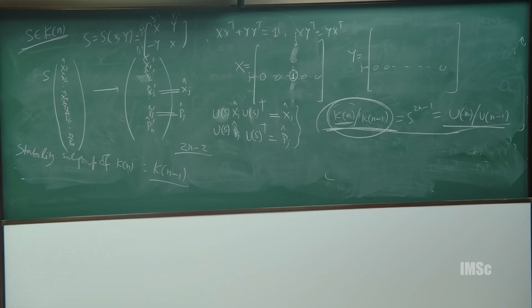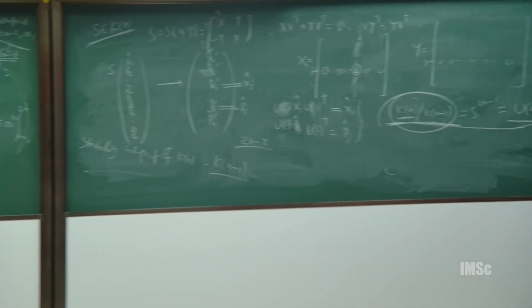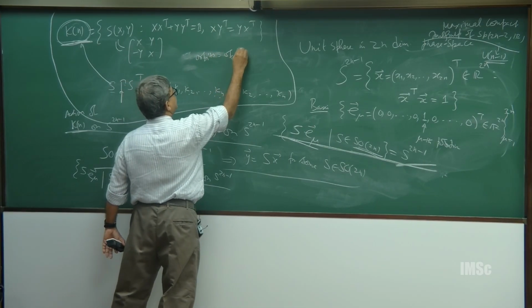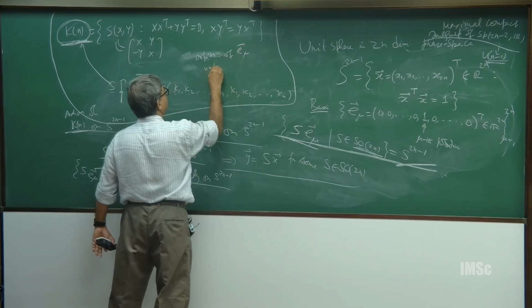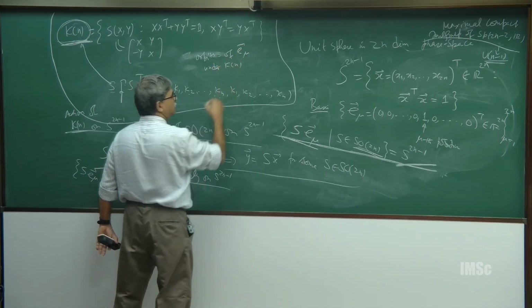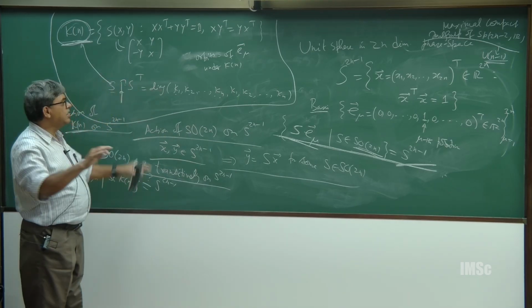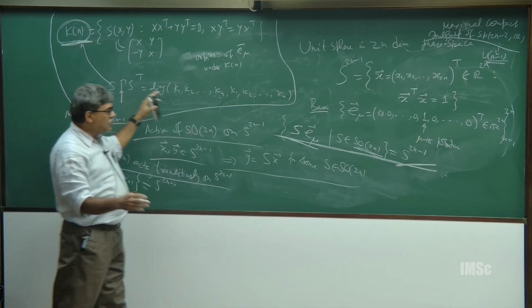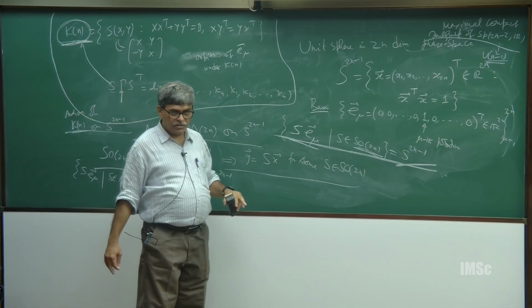Can I say that this Kn also acts transitively? So, basically the point is that I want to figure out the orbit. So, what I want is the orbits of E mu under Kn, because if I look at the orbit, and if I can figure out that the collection of all those orbits will be equal to S2n minus 1.